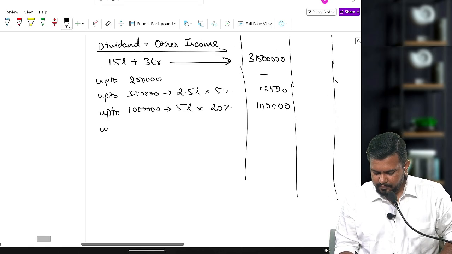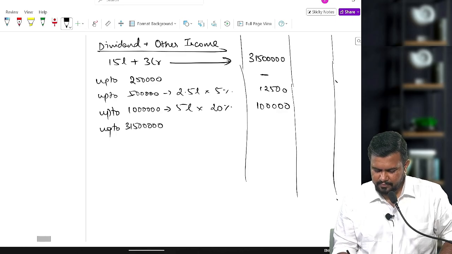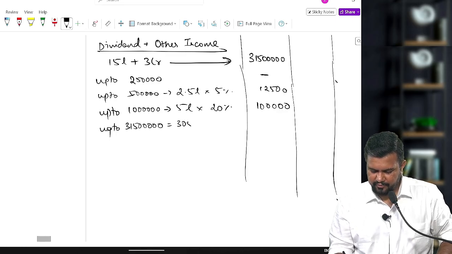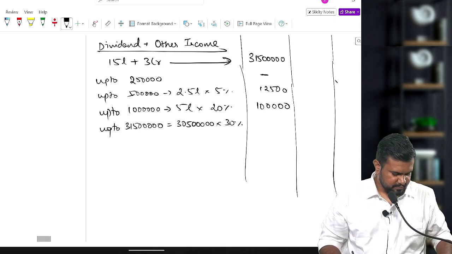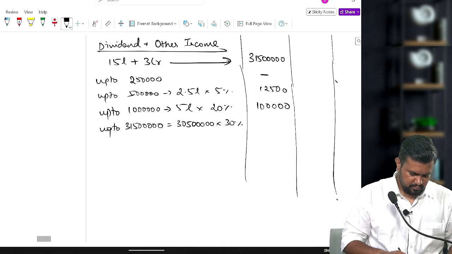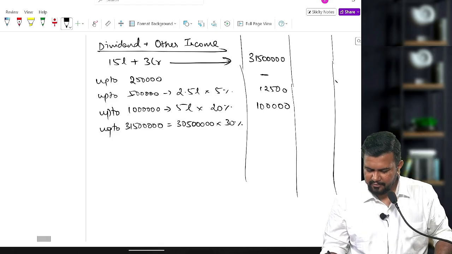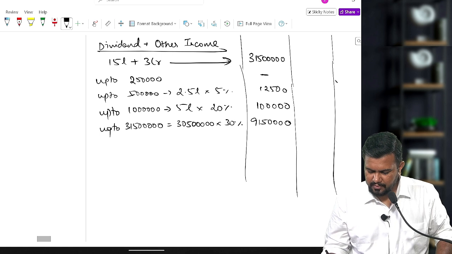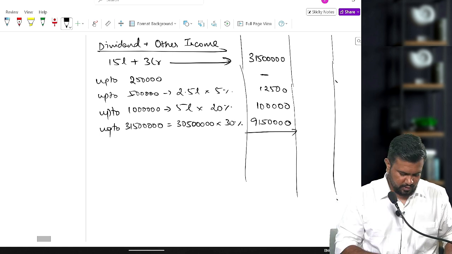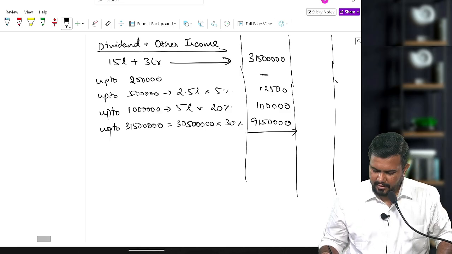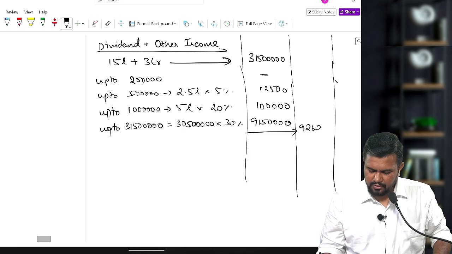Then up to 3 crore 15 lakhs it is 305 lakhs into 30%, 91 lakh 50,000. So total is 92,62,500, correct?